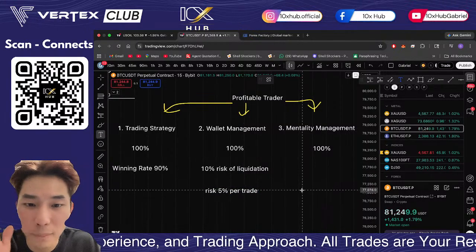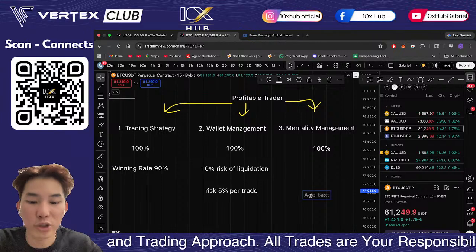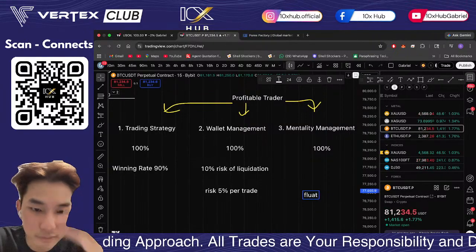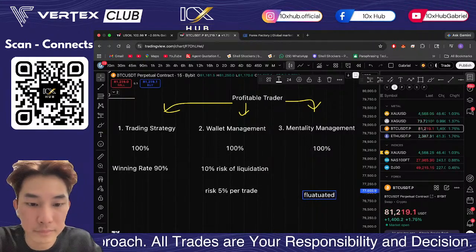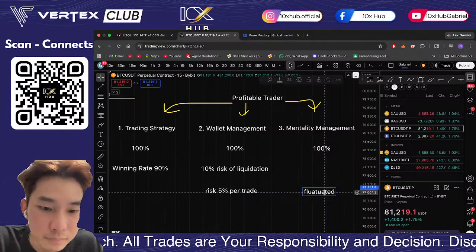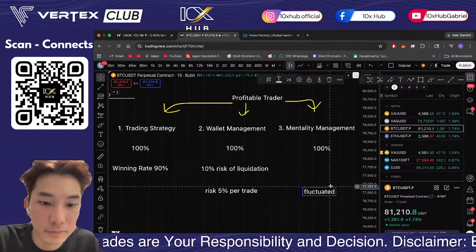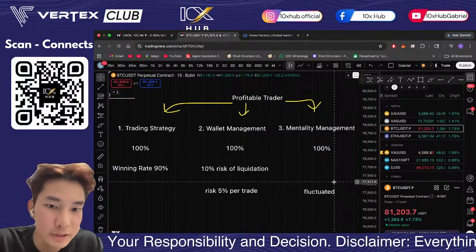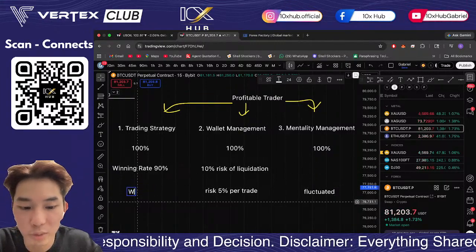If you do not have a good mentality, your emotions fluctuate very, very fast. A lot of problems in emotions will most likely affect your winning rate.